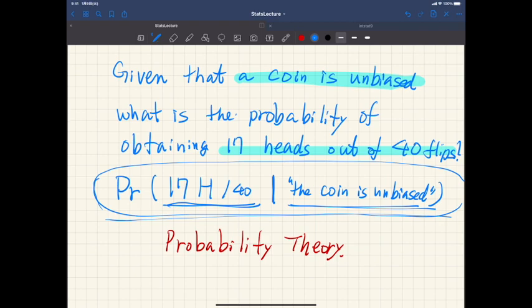Then maybe our assumption was wrong, so we reject the hypothesis that the coin is unbiased. The coin is therefore somehow biased. This approach is called the frequentist approach, often contrasted with Bayesian.